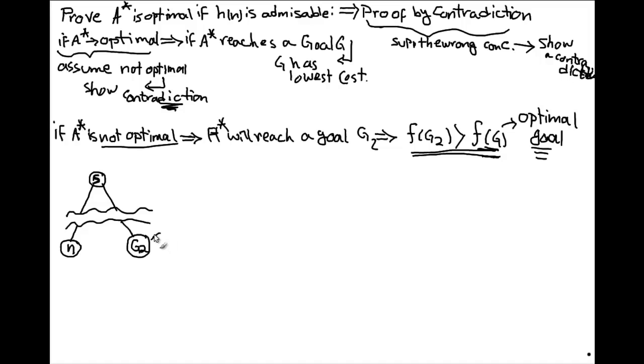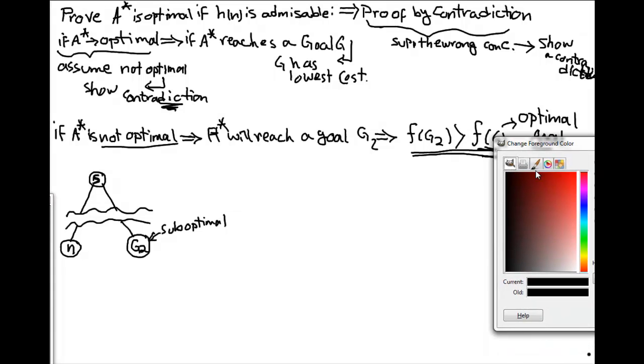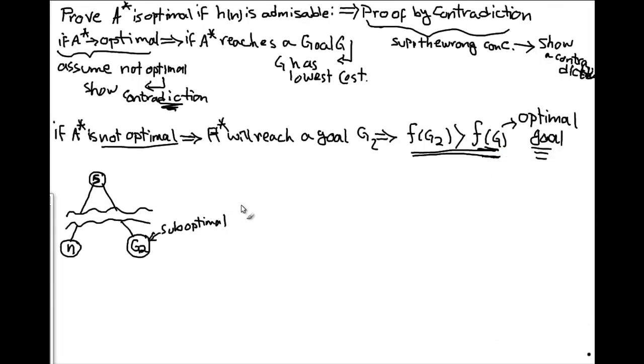So this G sub 2 is my suboptimal goal, and I'm going to draw it in red. This is the suboptimal goal that my A star has reached in its fringe. Since I assume A star is not optimal, it would expand it and return the suboptimal goal. And I want to show that that results in a contradiction.